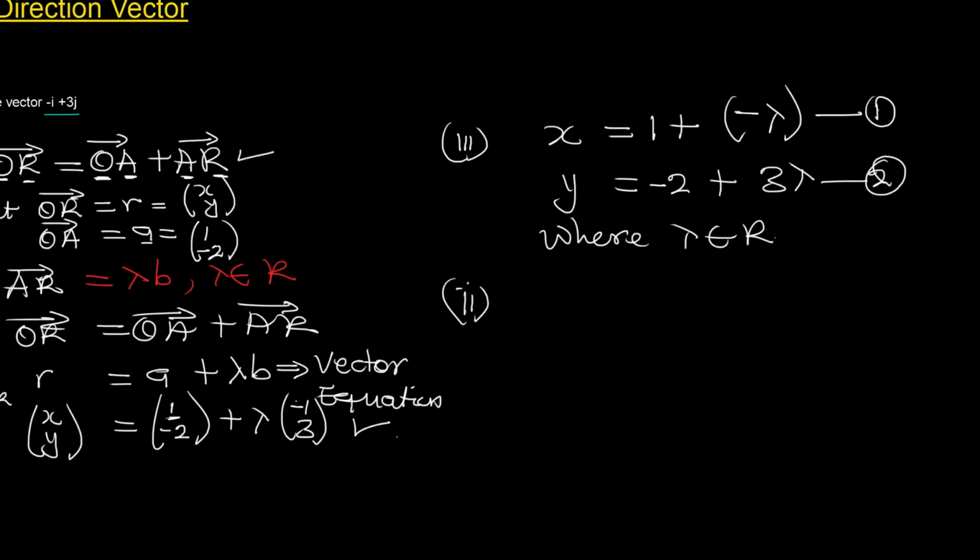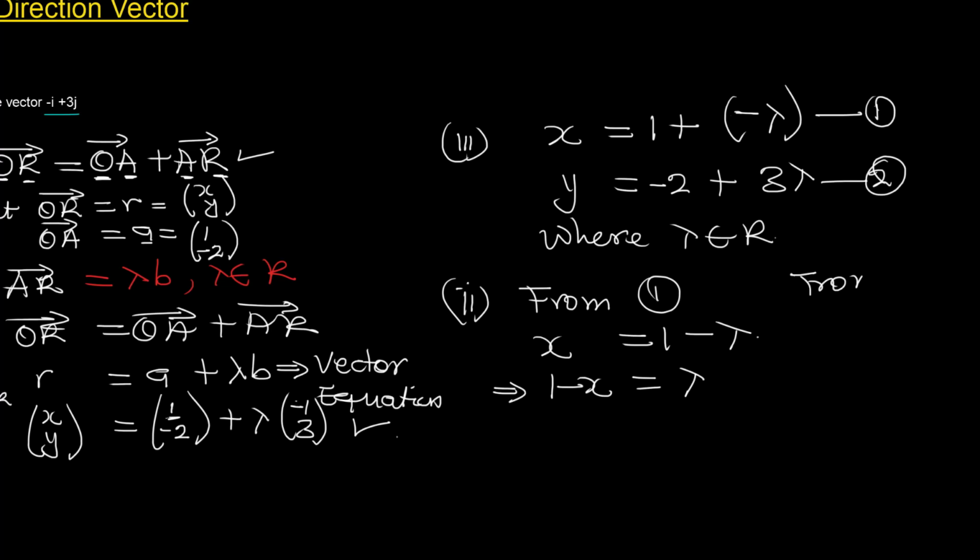This is how we write the Cartesian equation from the parametric equations. From equation 1, we see that x is equal to 1 minus lambda. This implies that 1 minus x is equal to lambda. From equation 2, we also see that y is equal to minus 2 plus 3 lambda.